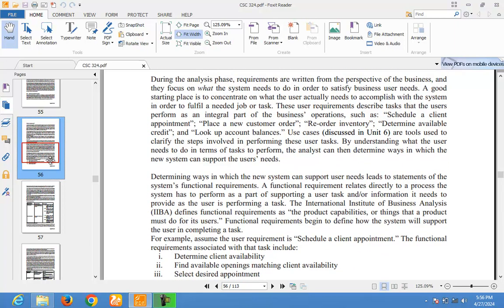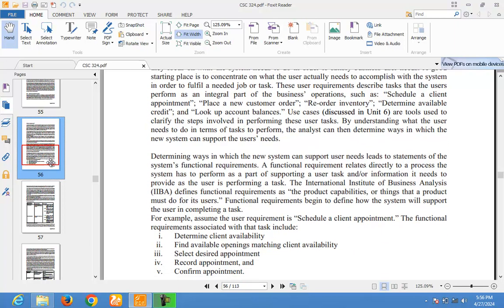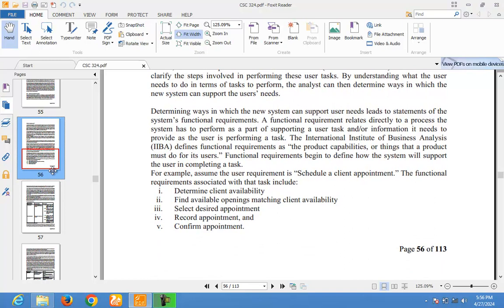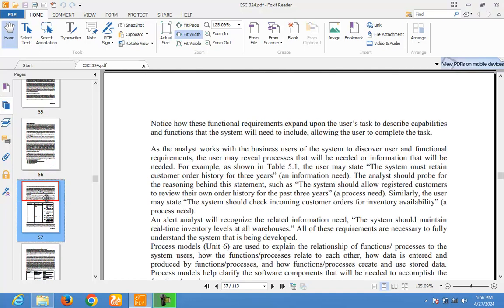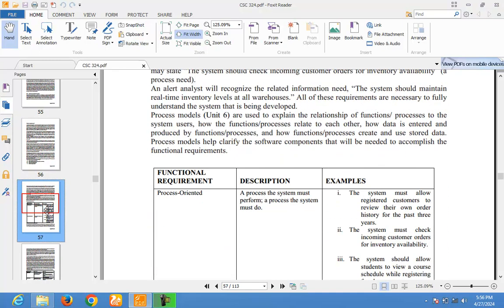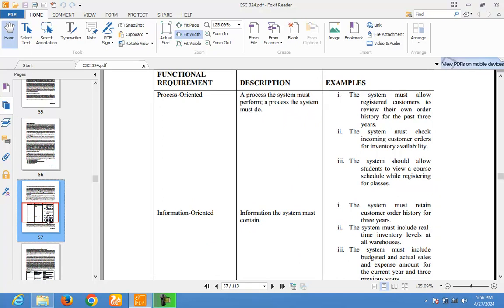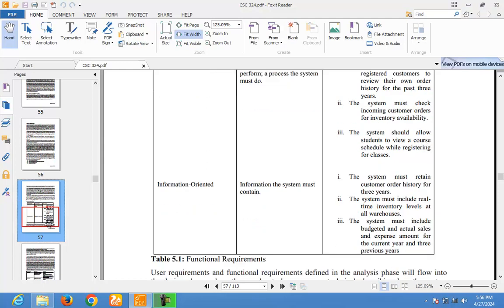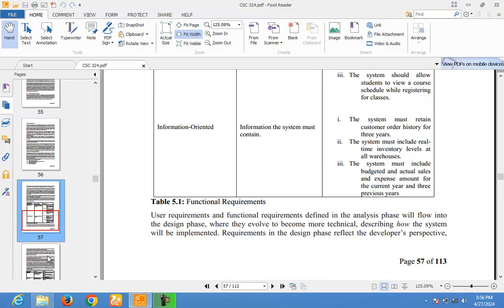So during the analysis phase, requirements are written from the perspective of the business, and the functional requirements will determine the client availability, and so on and so forth. So this is simply a part in which, as an analyst, you need to understand what the requirements are, the description of such requirements, and examples of such requirements.